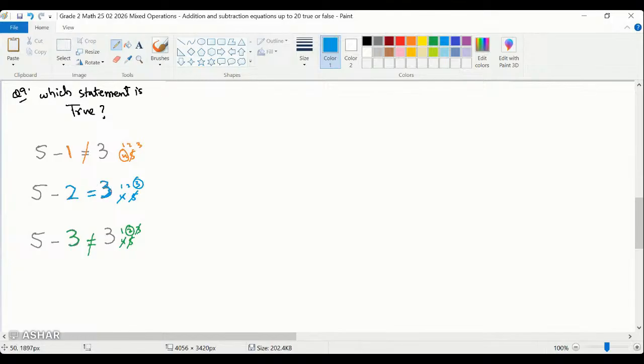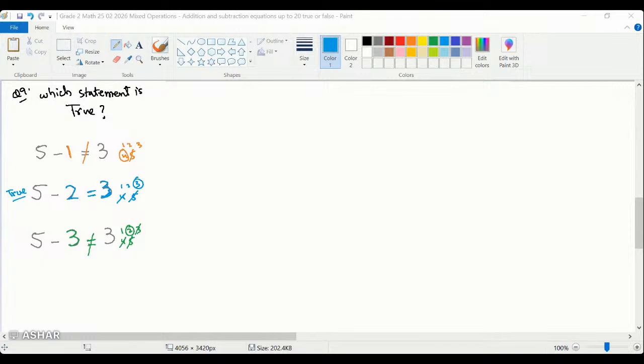Agreed? So this statement is true, while the remaining 2 statements are false. But we don't have to identify false over here. We don't have to tell which statement was false. Why? Because they are just asking us which statement is true. Perfect. Thank you, May.